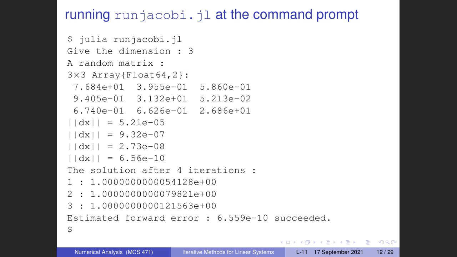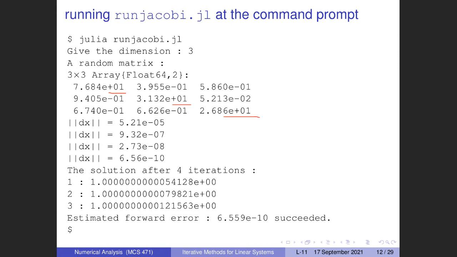And here we have success. Here you see our random matrix. Notice what we printed out, because we have indeed a diagonally dominant matrix. Look at the exponents.